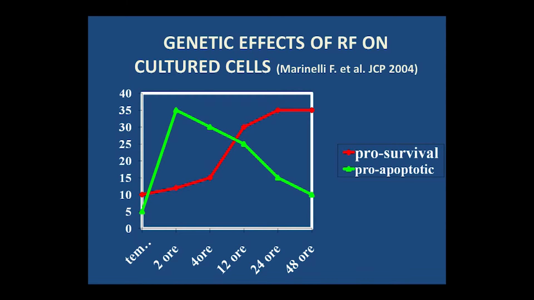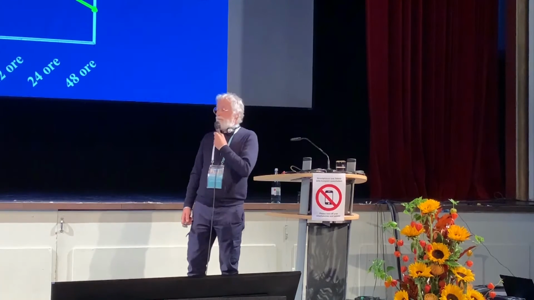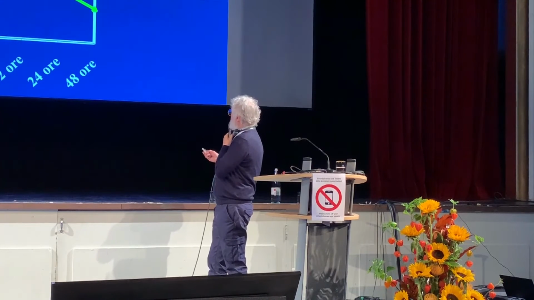This report, for example, shows the genetic effects of radio frequency at 900 megahertz of telephone in cultured cells. As you can see, the green line reports the activation of pro-apoptotic, so the cell death signals, in the cell after 2 hours of exposure.